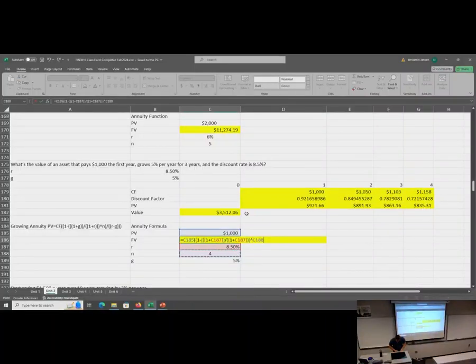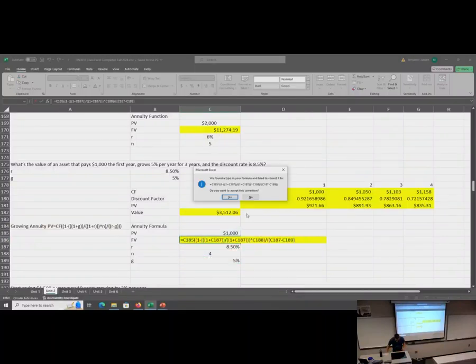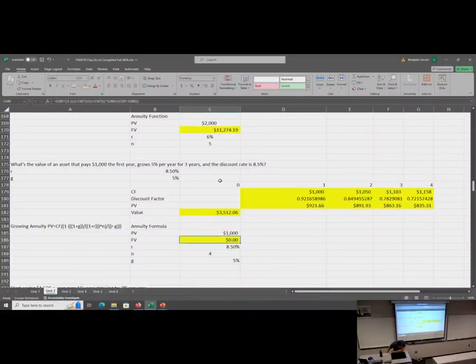That might be wrong. We're about to find out. Divided by the adjusted discount rate. Oh, that's so wrong. The growth rate instead of, or growth rate instead of discount rate.